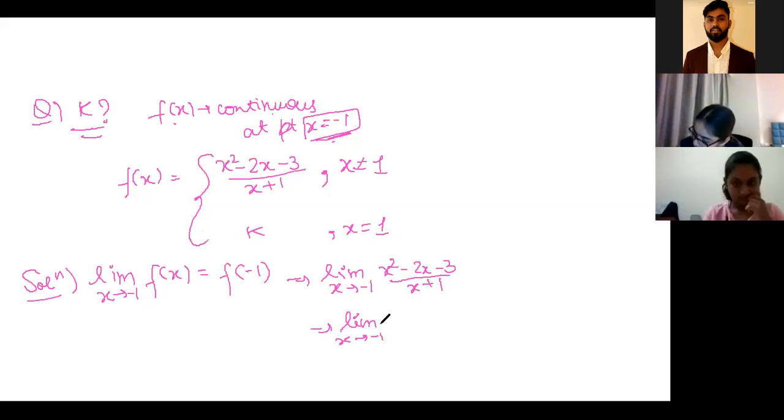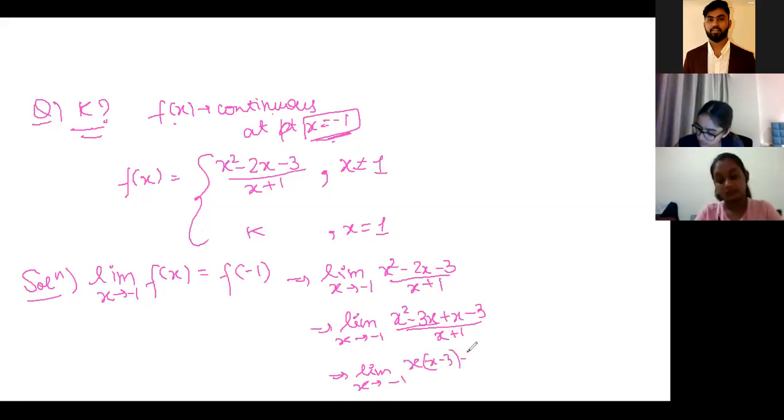How do we solve it? We factorize it. So x square minus 3x plus x minus 3, factors which on subtracting give 2. I don't think there is any problem with this factorization. Anybody want to ask something about it? Okay, so we'll take x common, x minus 3, and plus common, x minus 3, so x plus 1 times x minus 3.